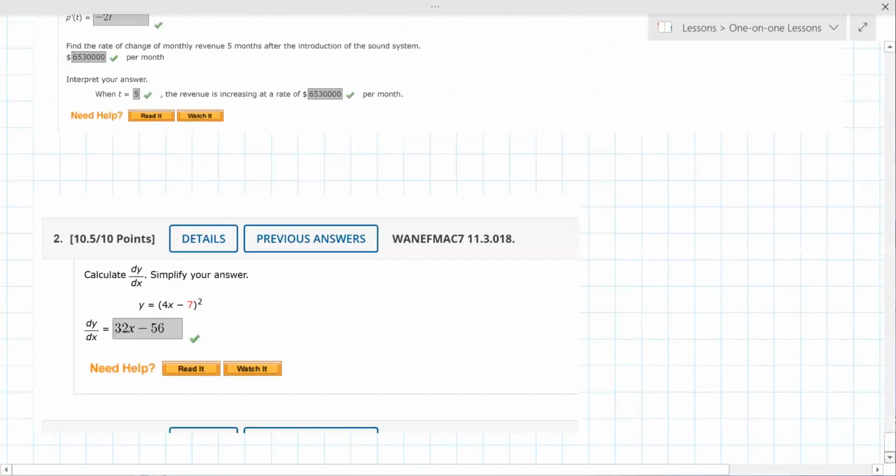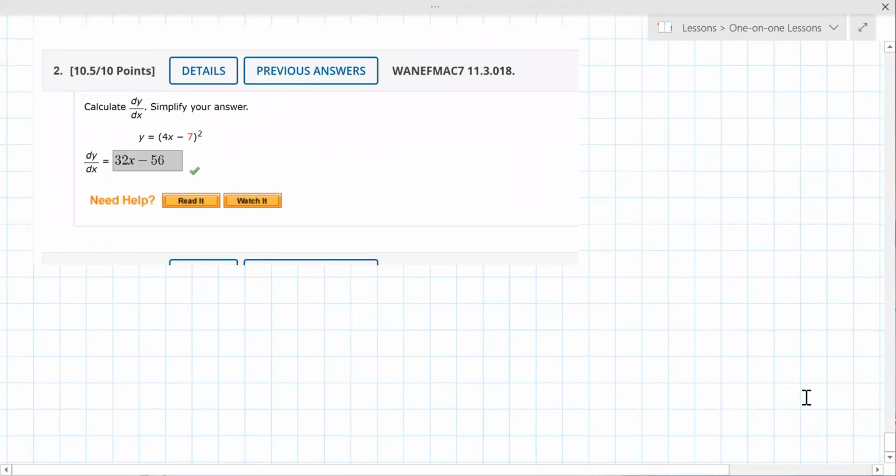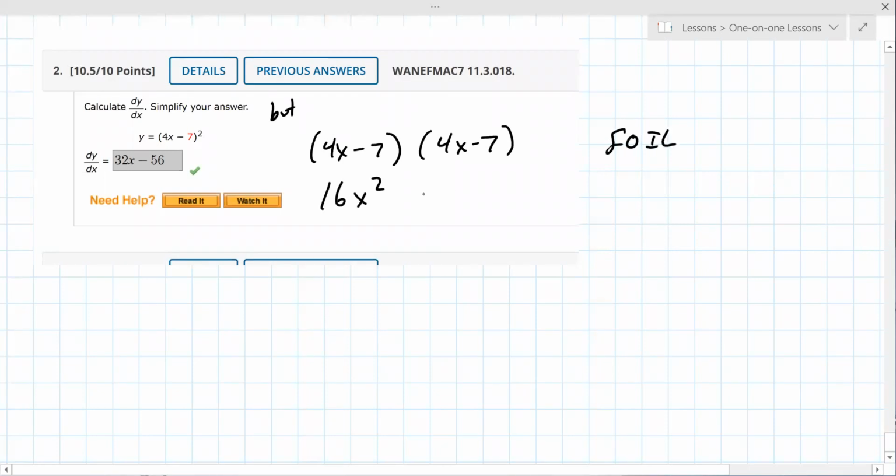So this one right here, I would classify this as a chain rule question, but the way you're supposed to do this is you're supposed to expand it and then use the product rule, and then, no, actually, then just use the power rule. So if you FOIL this, you get 16x squared minus 28x minus 28x plus 49, and then you combine like terms.